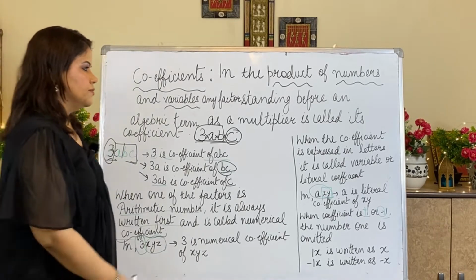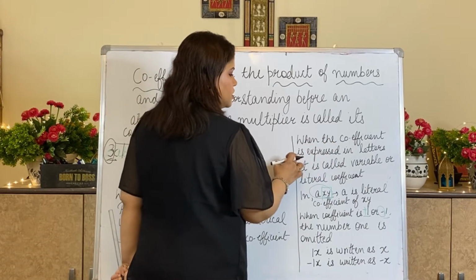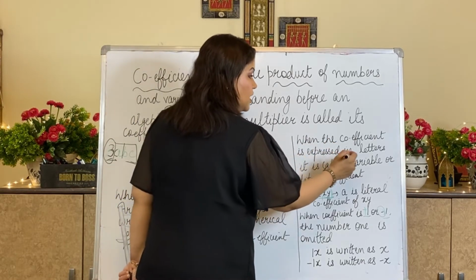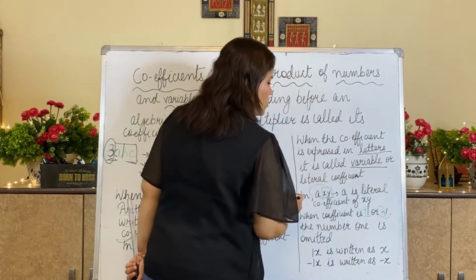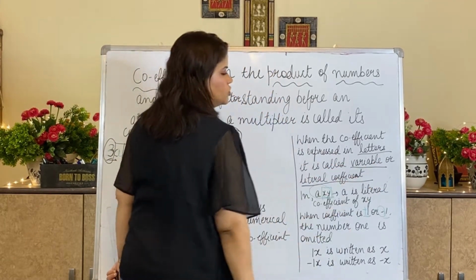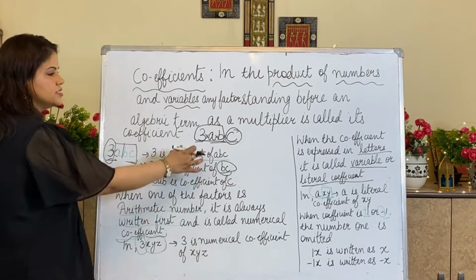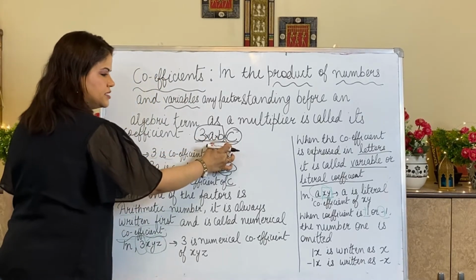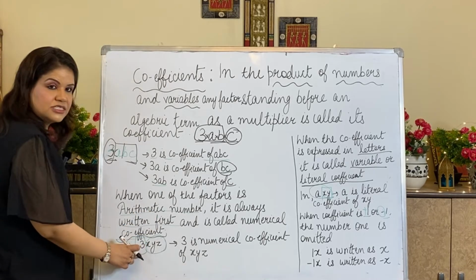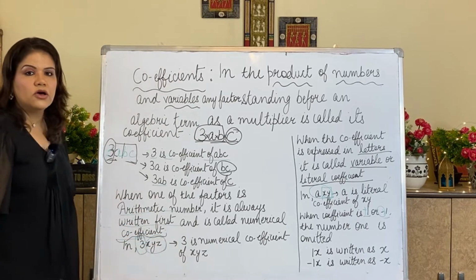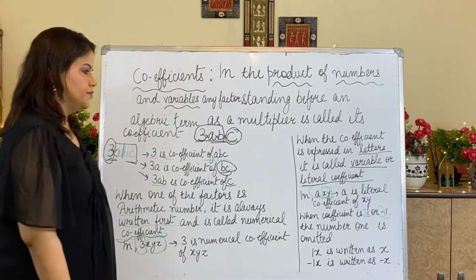When the coefficient is expressed in letters, it is called a variable or literal coefficient. So in this example, abc is a variable coefficient. In this example, xyz is a variable coefficient.